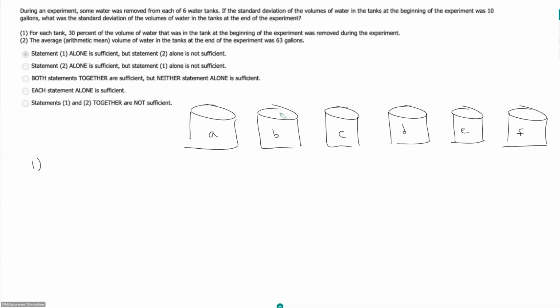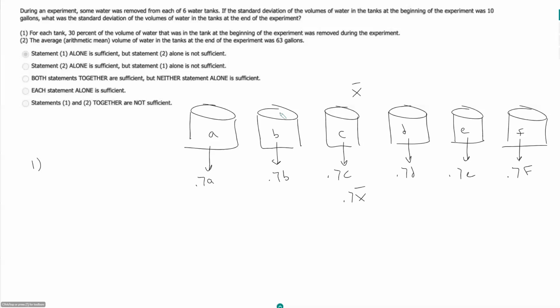Okay, so originally we had our 6 tanks here, and we had A gallons here, B gallons here, C gallons here, etc. And we also had some mean, and we'll say that mean is X. Now, after we remove 30% of the water from each of our tanks, we should have 0.7A gallons here, 0.7B here, 0.7C here, 0.7D here, 0.7E here, and 0.7F here. And my mean should now be 0.7X.